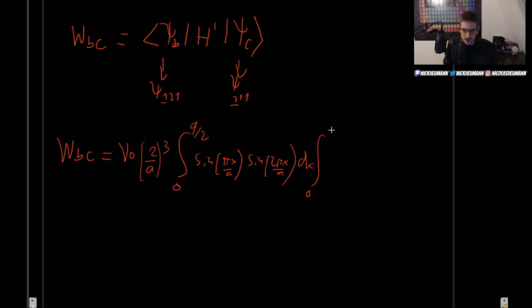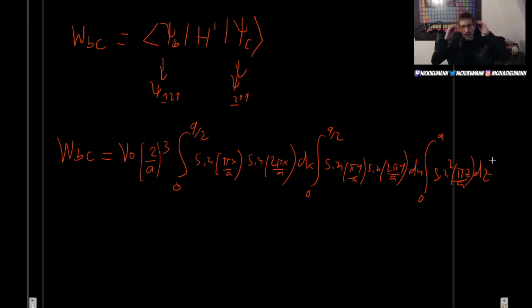And now comes the y part. The y part is going to be the same, so it's going to be sine of pi y over a, sine of 2 pi y over a dy, and then we get the integral from 0 to a of sine squared of pi z over a dz.